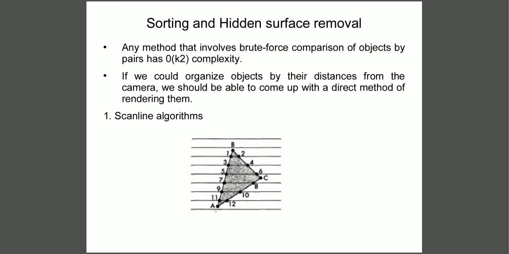When we draw a scan line on a polygon, the scan line will intersect with the edges of the polygon. We number all those intersections of a scan line with the polygon using consecutive numbers. The first intersection is numbered 1, the second intersection 2, the third intersection 3, and so on till the last intersection.